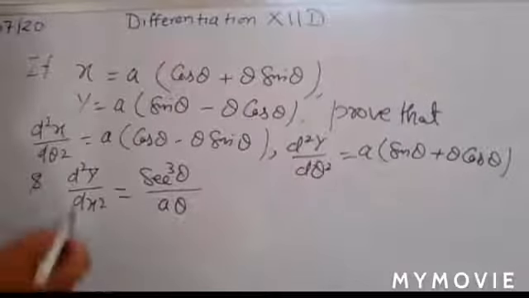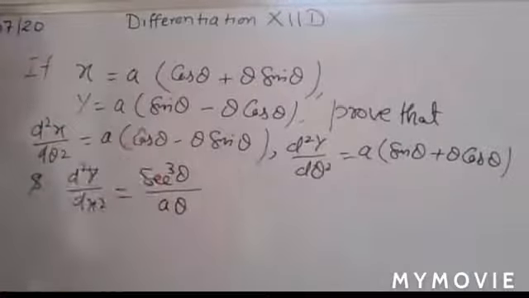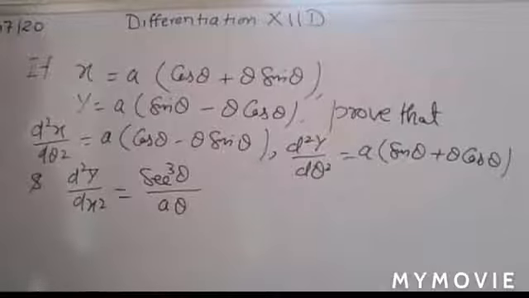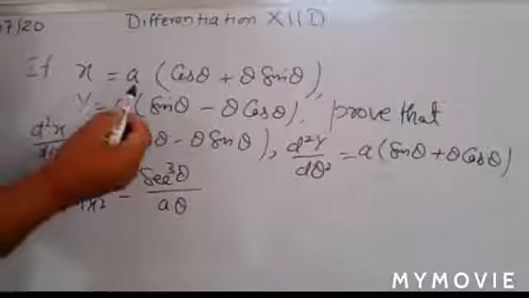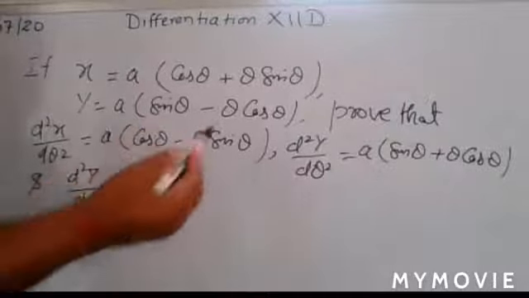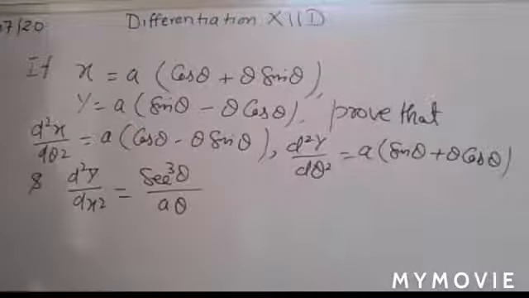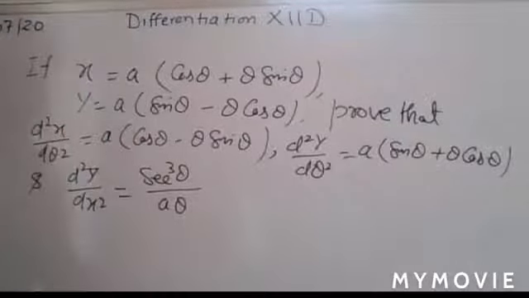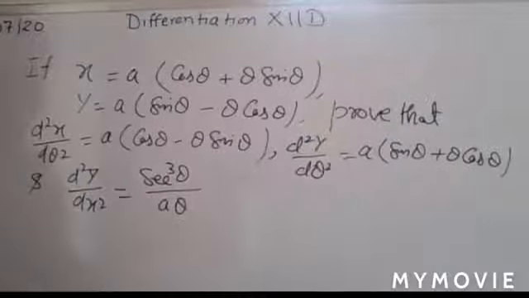The equation is given in parametric form. Here theta is treated just like a parameter. Understand? So what do you do? First of all, you have to differentiate x and y with respect to the parameter, theta. So you have the value of dx by d theta and dy by d theta. Now take its second derivative.